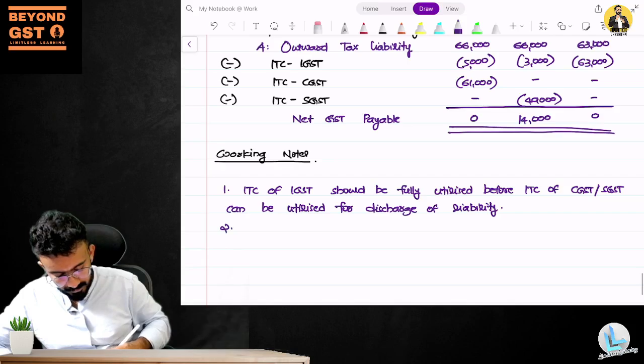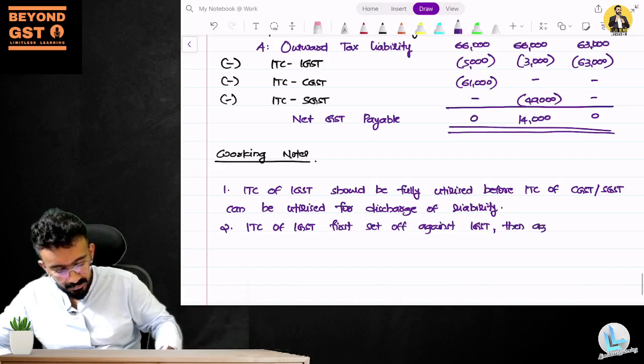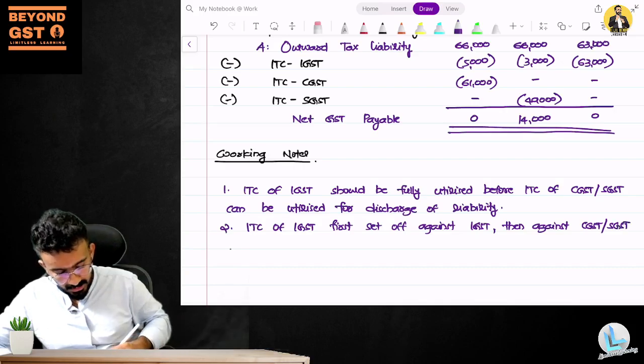Number 2, ITC of IGST will be first set off against IGST, then against CGST or SGST in any order.